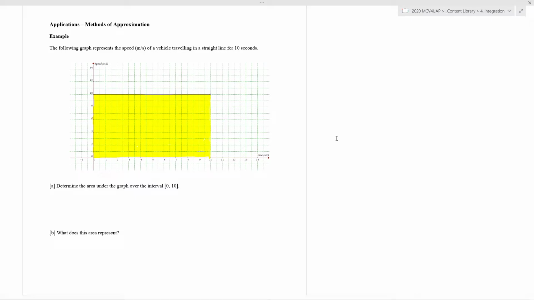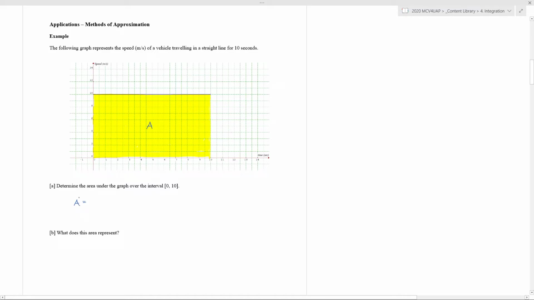Okay, so it's a constant speed at 10 meters per second for 10 seconds, in a straight line. Determine the area under the graph over the interval from 0 to 10. So not difficult. It's just the area of this rectangle.